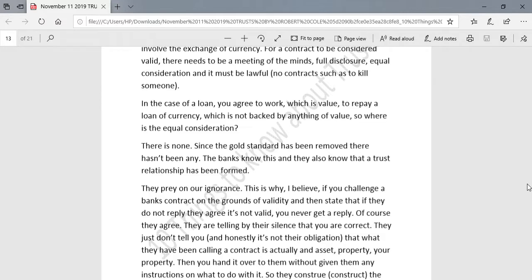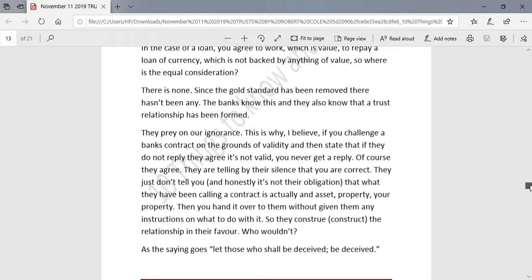Then you hand it over to them without giving them any instructions on what to do with it. So they construe the relationship in their favor. Who wouldn't? As the saying goes, let those who shall be deceived be deceived.